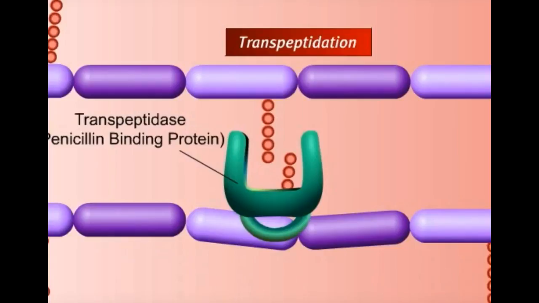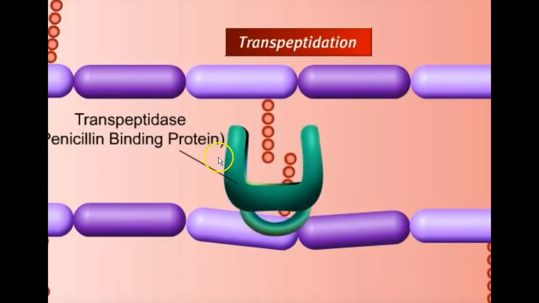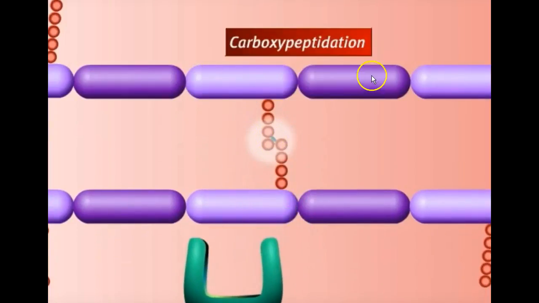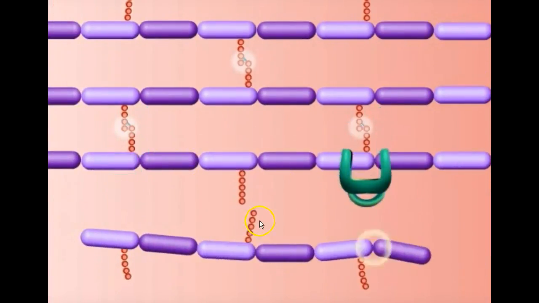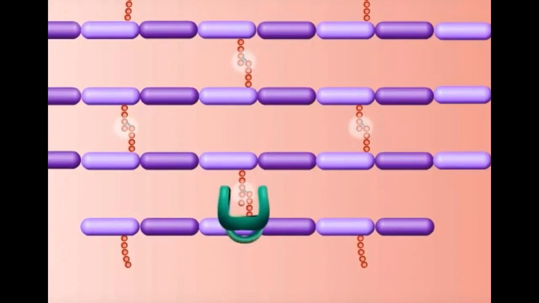And so normally what you'll see this thing doing here is that it will be kind of stapling together these little cross bridges. And there it goes, to kind of make this stronger. If we back up the view a little bit, we'll see that this enzyme, transpeptidase, is stapling together all of the different areas of the bridges between the peptidoglycan, which makes it much stronger.